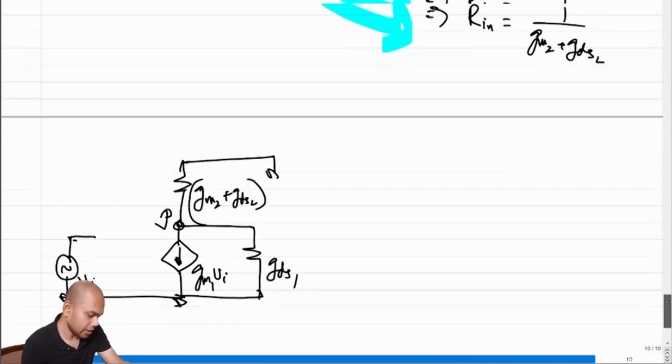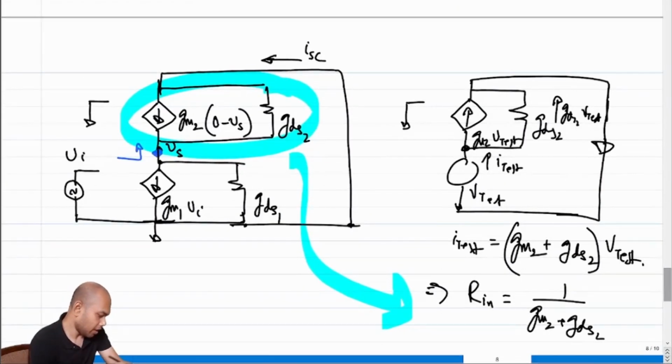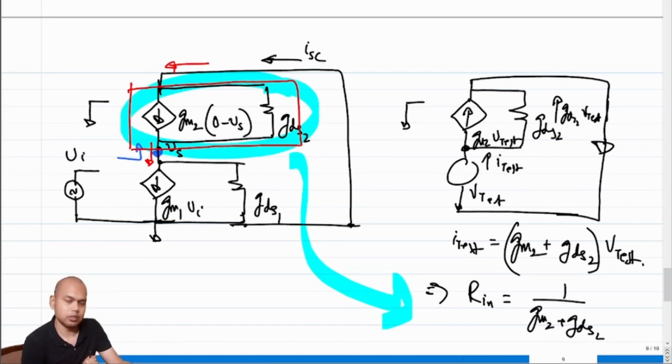Why are we interested? Because whatever current flows into this contraption has to come out from the other side. So if we know the current that is coming out of this node or going into the node, I automatically know the current that is coming into that node, because this stuff is a black box, or red box, the way I have sketched it.